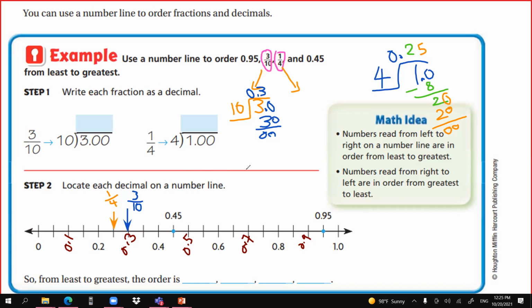So here now, after I represent them on the number line, as you see, we have 1 over 4, 3 over 10, 0.45, 0.95. Now, as I told you, if I read the numbers from left to right, I order them from least to greatest. So which one is the least one?